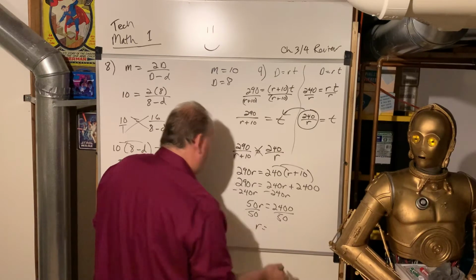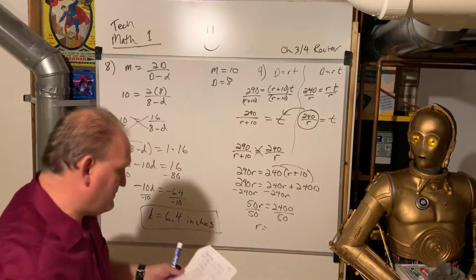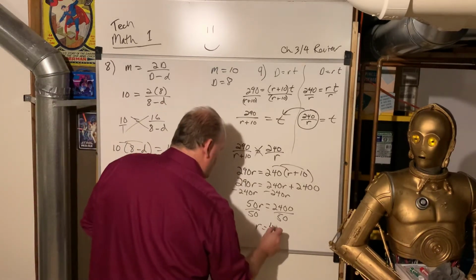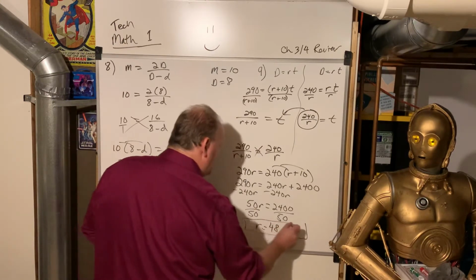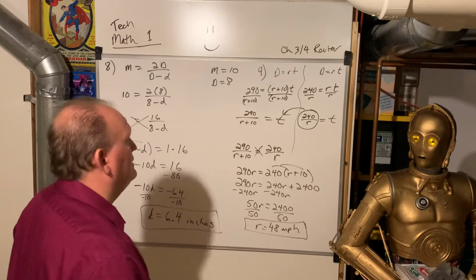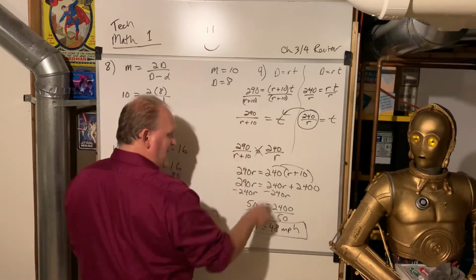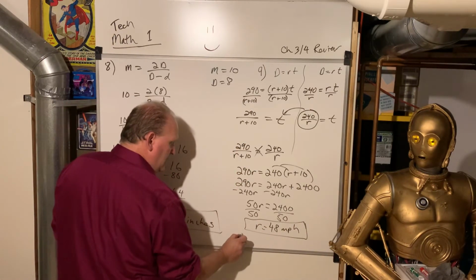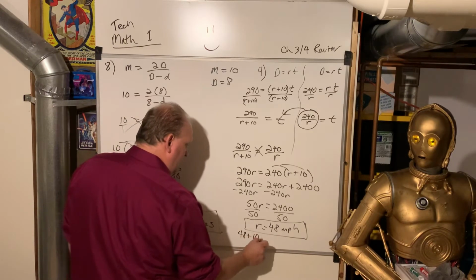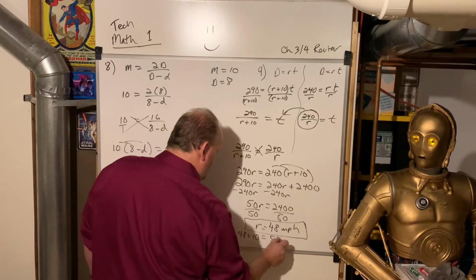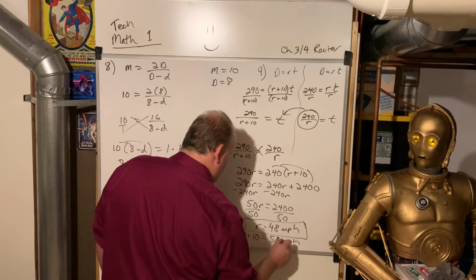So r is equal to 48. That's miles per hour for the slow car, which means the fast car is going 10 miles per hour faster than that. So r plus 10, 48 plus 10 is 58 miles per hour for the fast car.